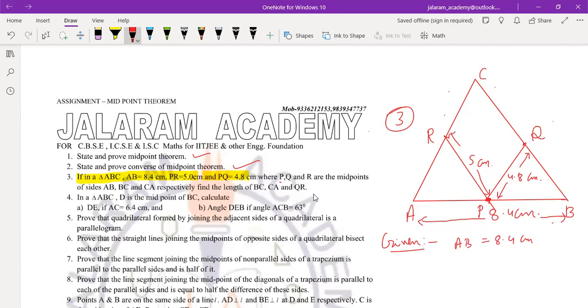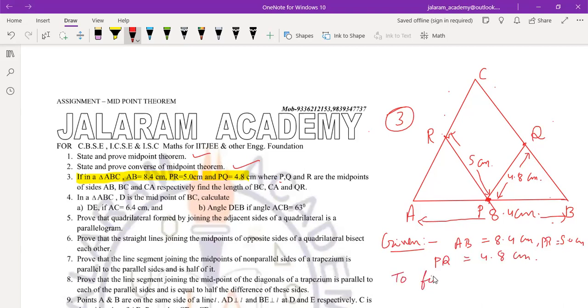Find the length of BC. So how will you find the length of BC? When it is given that P is the midpoint of AB, R is the midpoint of AC, first write all the information given in the question. PR equals 5 centimeter, PQ equals 4.8 centimeters.